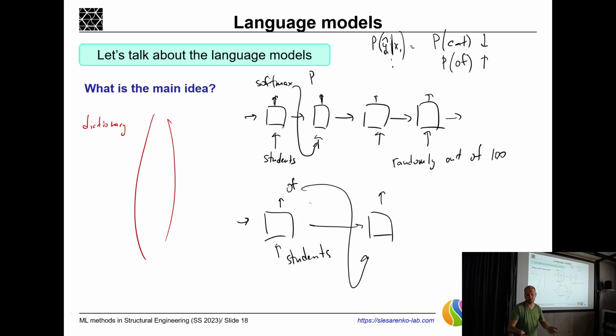So I get university. And then I repeat it again. And I have an absolutely new sequence that didn't exist before, but generated according to the language model. And this sequence, if your language model is good enough, should make sense, because it combines words with the highest probability that really go together very well. So that's the whole trick about language models. Again, it's a simplification because I don't want to show a lot of math, but that's how it works.